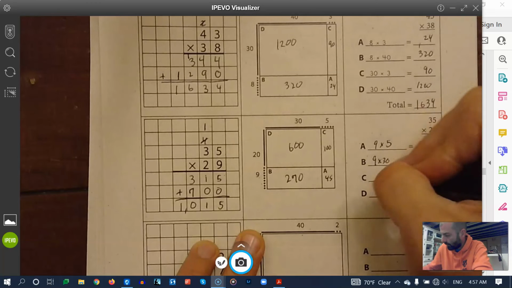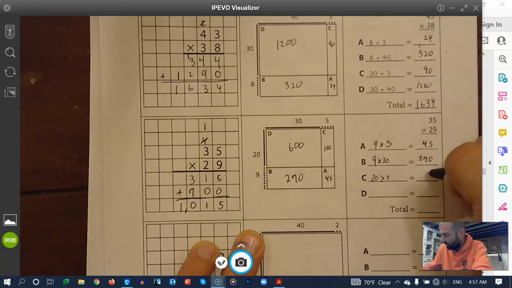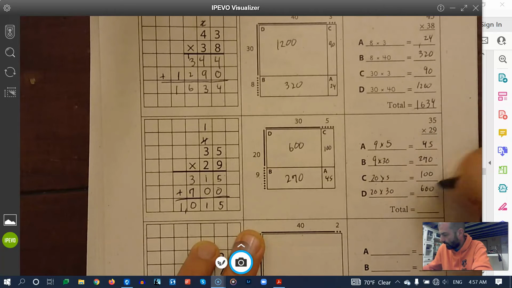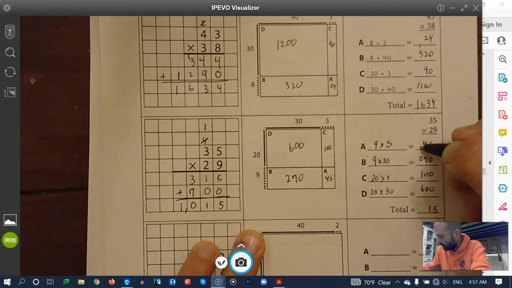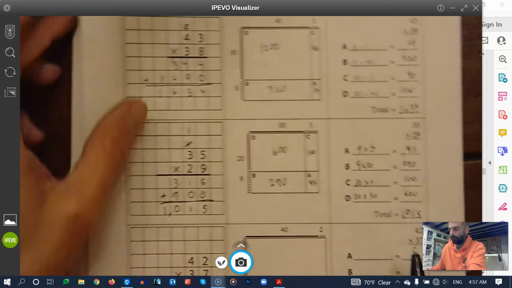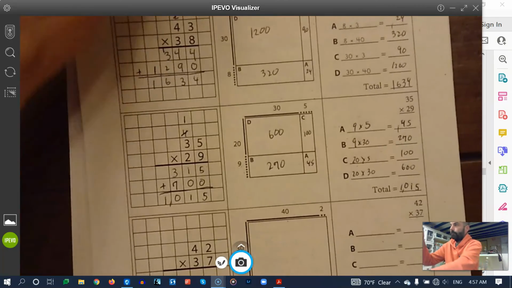C is 20 times 5, which is 100. And the D is 20 times 30, which is 600. Then we add these together. 5, 4 plus 7 is 11. 3, 4, and 1015. Is that right over here? Yay.